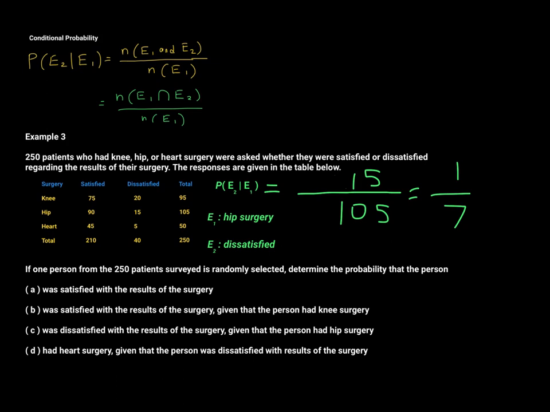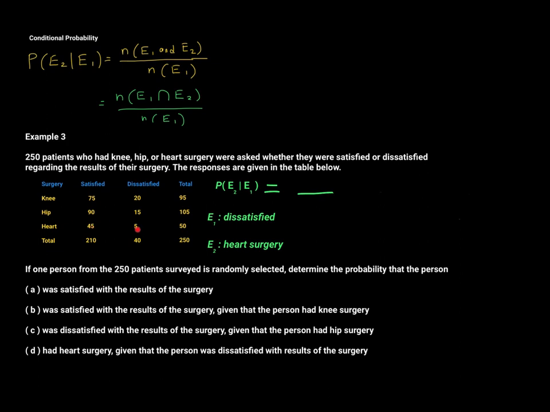All right, let's go to the last one, folks. The last one is the probability that the person selected at random had heart surgery given that the person was dissatisfied. Let me change E sub 1, the given part, to dissatisfied, and E sub 2 is going to be heart surgery. Here we go. In the numerator, we need all of the patients that both are dissatisfied and had heart surgery.